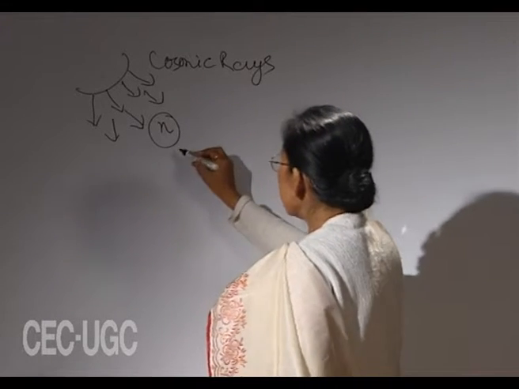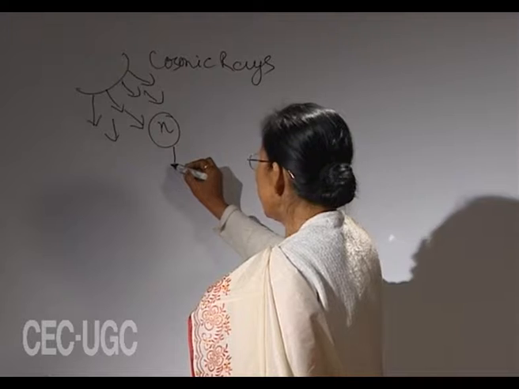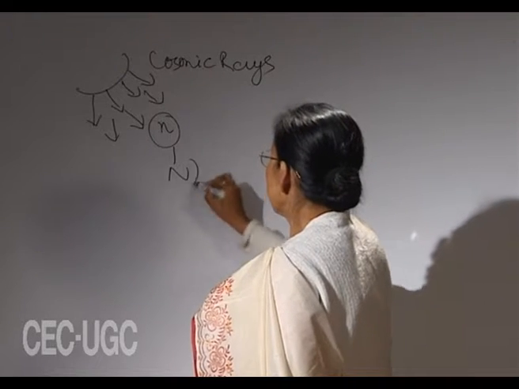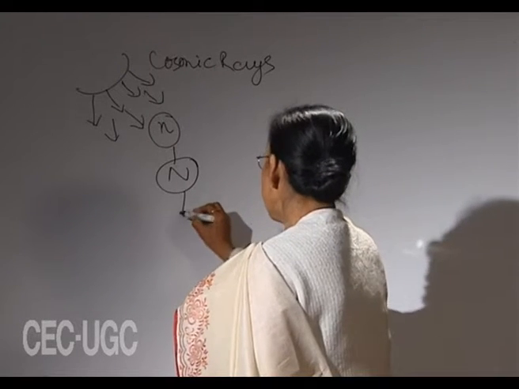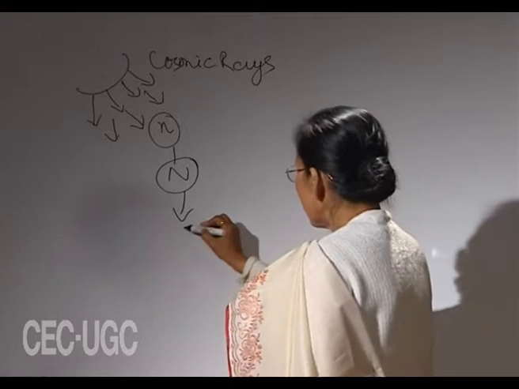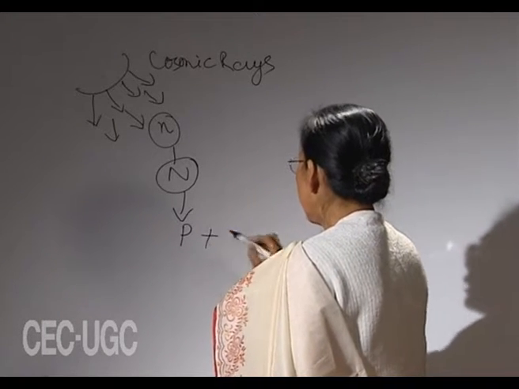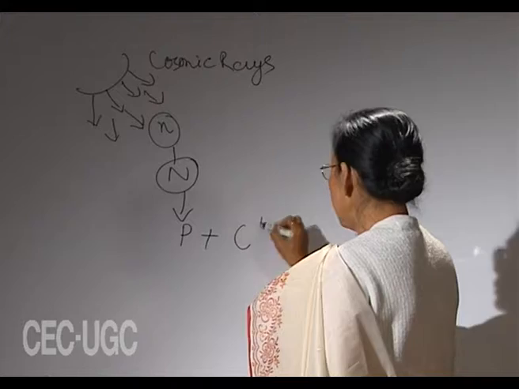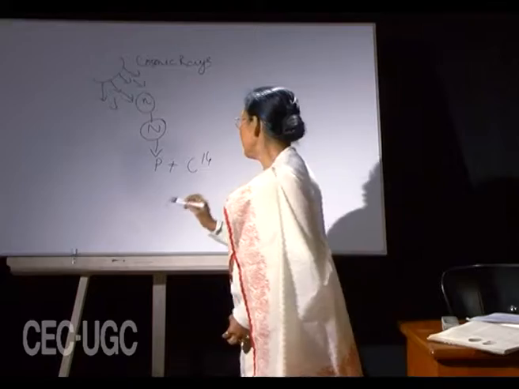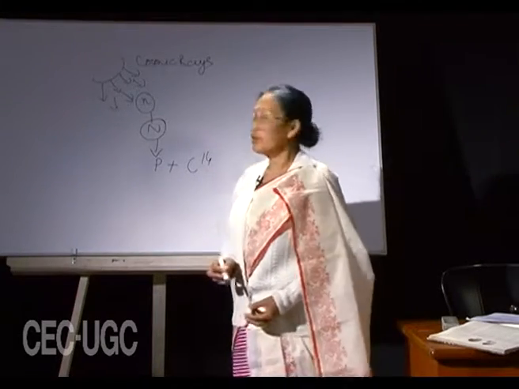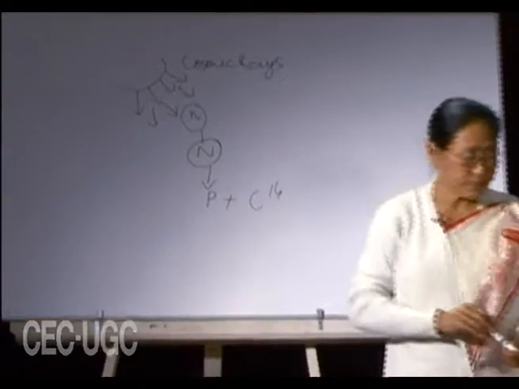Then these neutrons react with nitrogen in the atmosphere and produce a proton and an atom of C14 instead of the normal C12.